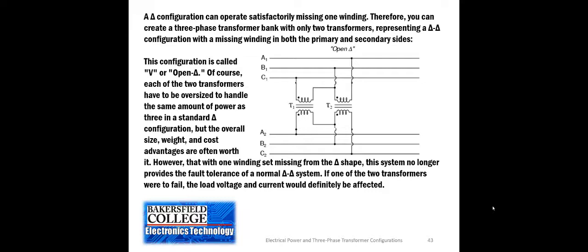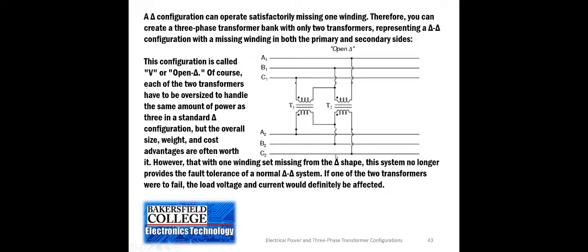We can't really do a Y side for the secondary if we have open delta because the phases are not going to be correct. So only with an open delta can you have a situation like this where the secondary, in other words, has to be the delta.